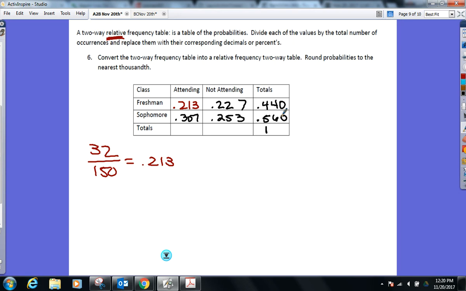Total attending. What? Not attending? I don't know what's going on.